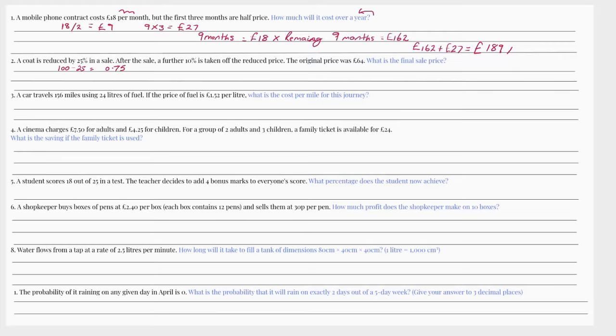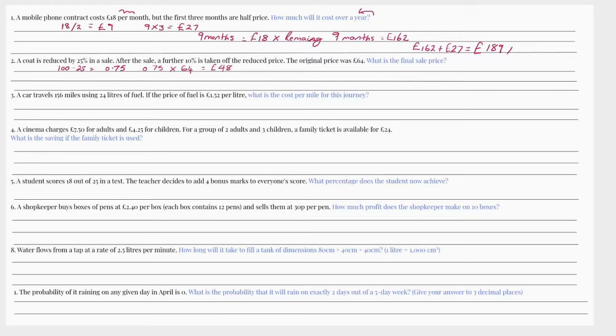So I'm going to do 0.75 times 64, which is our original price, equals £48. Sorted.